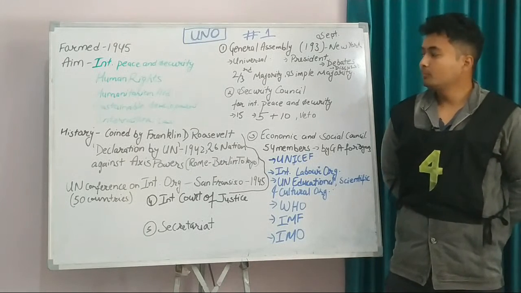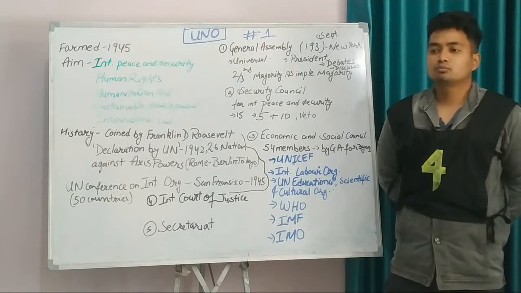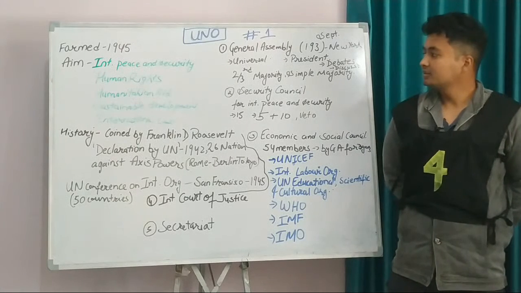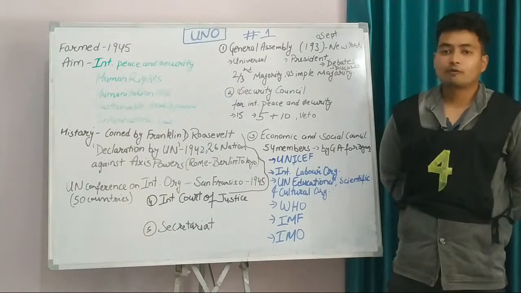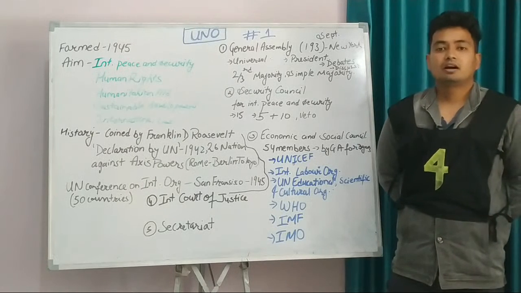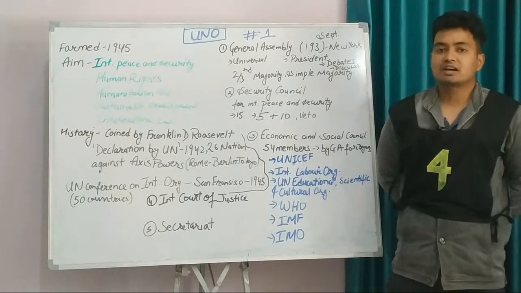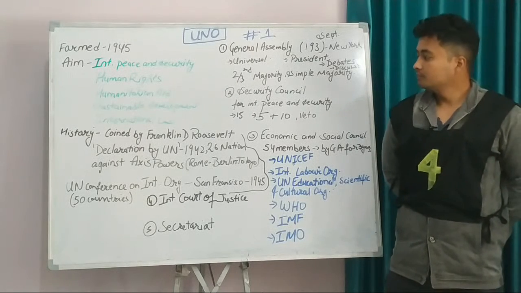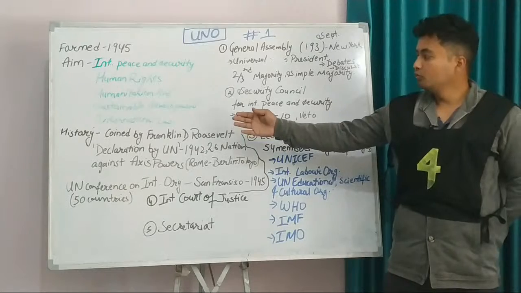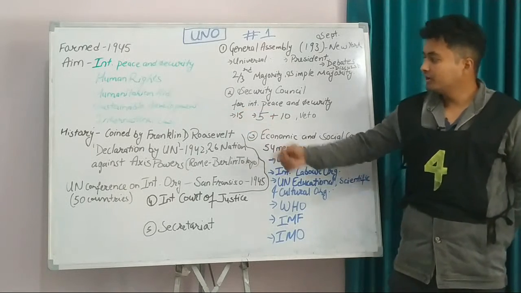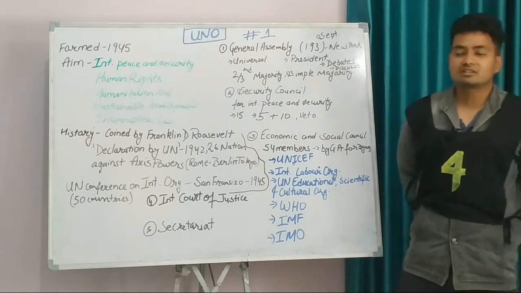Secondly, to maintain and see to human rights. Thirdly, to provide humanitarian aid to the affected nations and areas which are in crisis, and to encourage sustainable development and to uphold international laws.